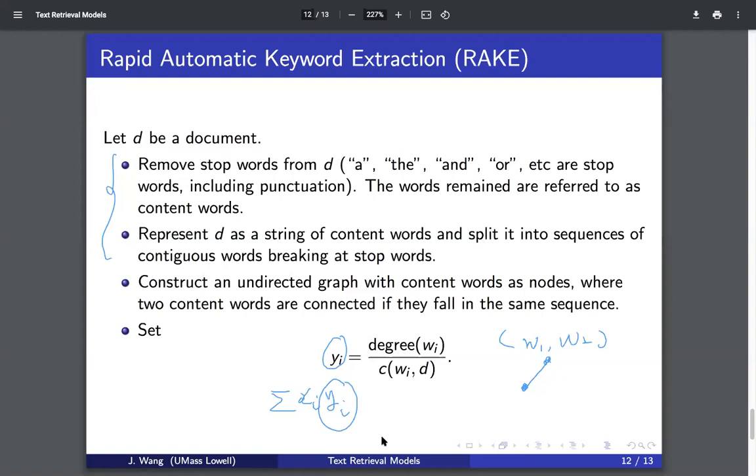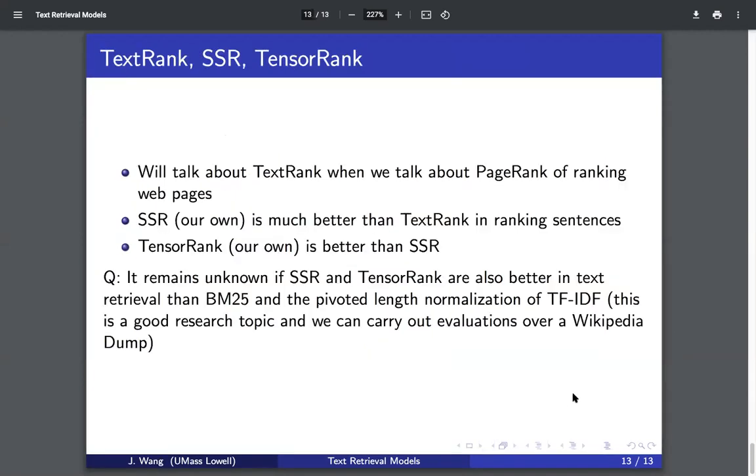And as I said, we will talk about TextRank when we talk about PageRank, ranking web pages independently of queries. This is where we are going to talk about that when we talk about search engines. That's one of the things Google is based on.